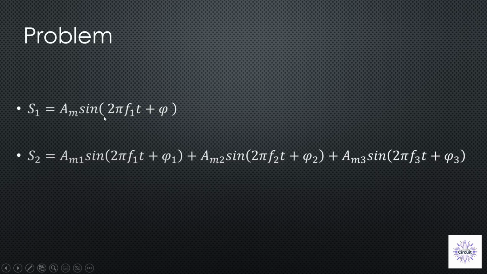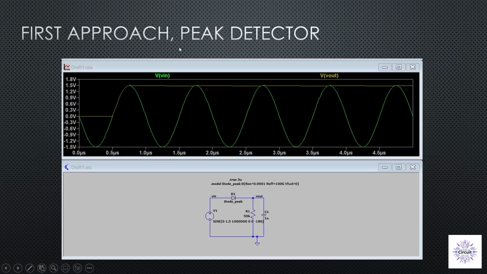And usually simple radios want to just extract the amplitude, feed it to a speaker, and hear the demodulated data. That's one of the ways. So a very simple solution, very popular one.